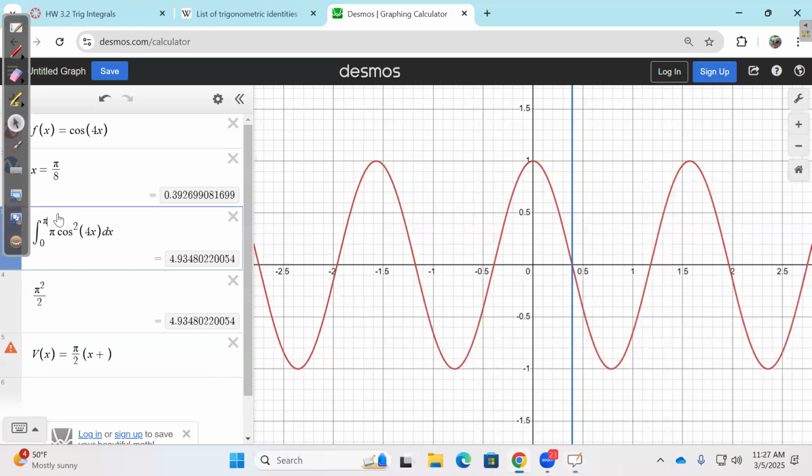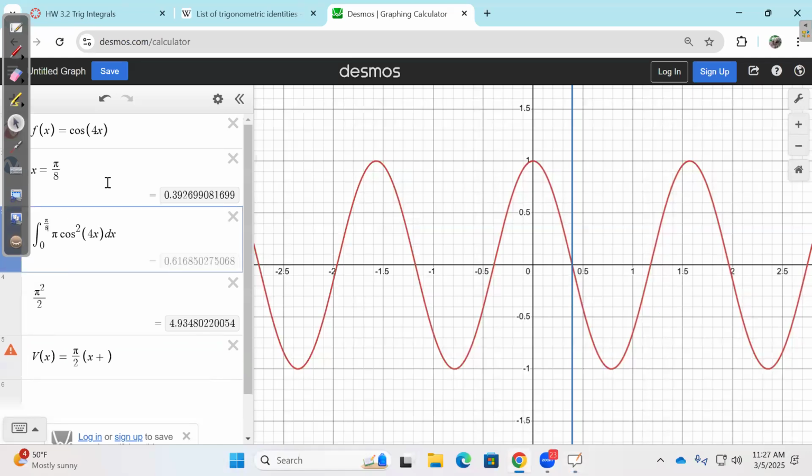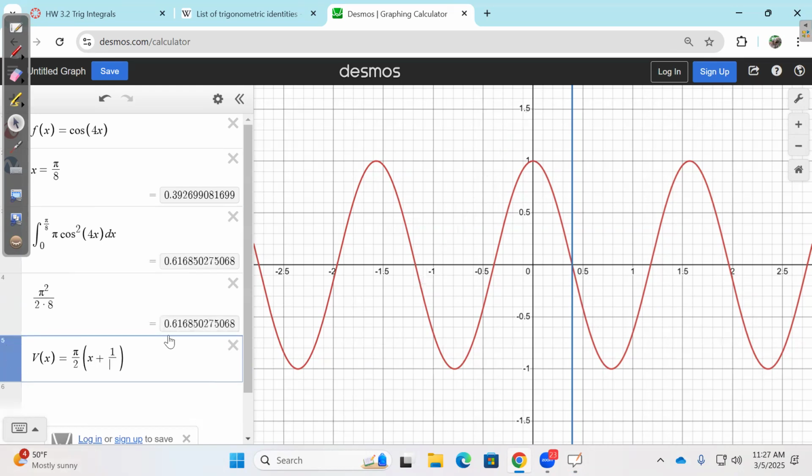So then here, that should be 2 pi over 8. And then this down here should be 2 times 8, or 16. Cool. And then over here, my antiderivative was x plus 1/8 sine of 8x. I don't need to see the graph of it.